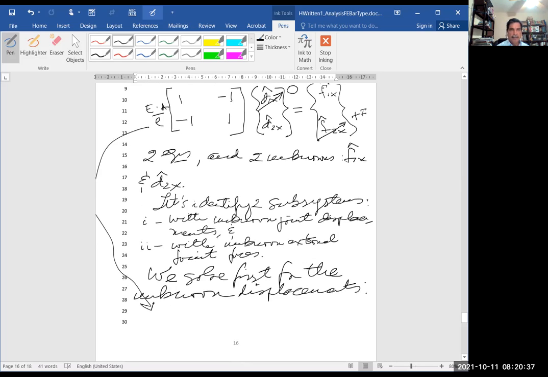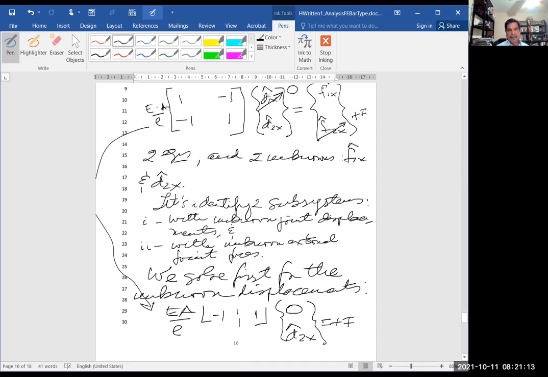So this is going to be EA over L. We take the second row, so it's going to be minus 1, 1, multiplied by 0 and d2x, and it's equal to plus F. You see here that F is known and d2 is unknown.